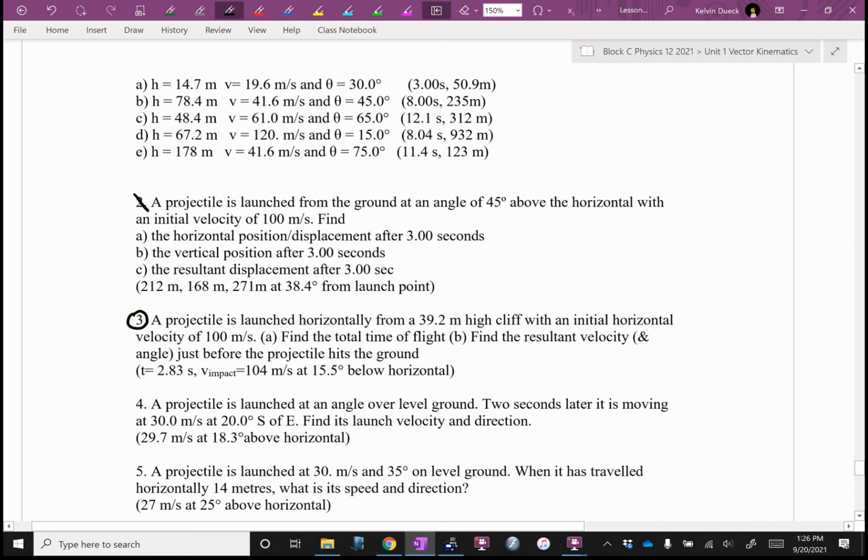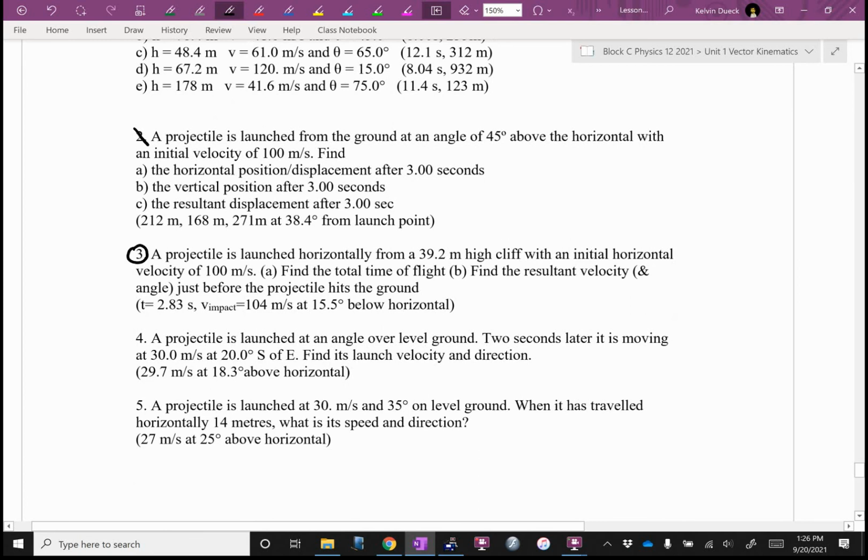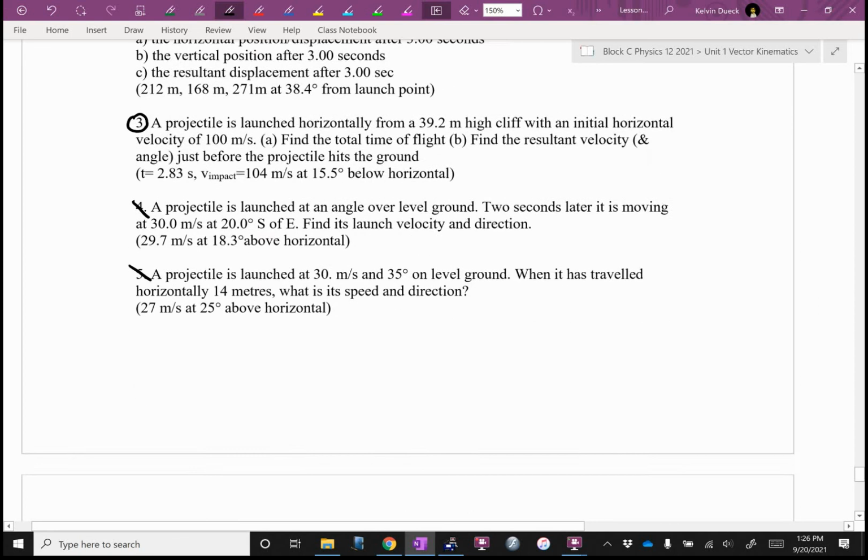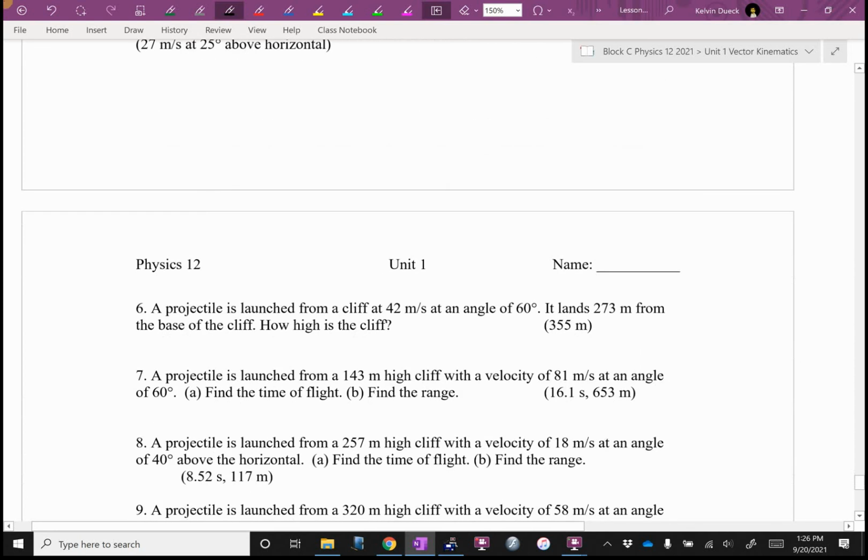You can try number 3. You can skip 4. You can skip 5. But you can try number 6, 7, and 8.